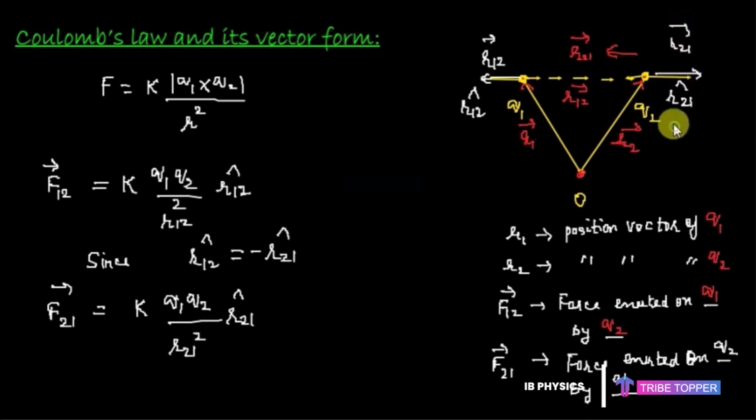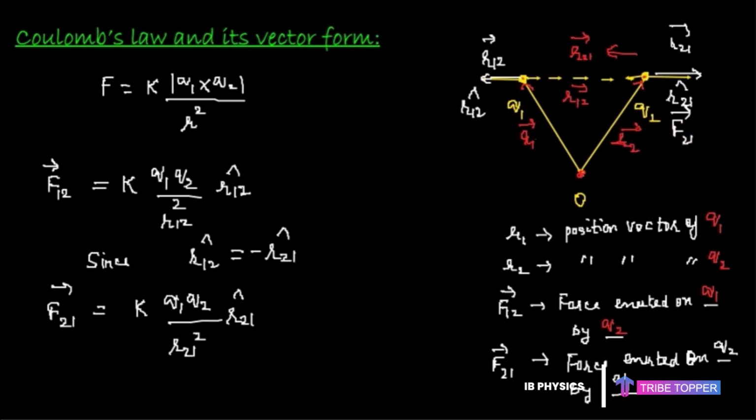The force acting on Q2 is F21 towards the right. Since we have considered similar charges, they are repelling each other. The force on 1 due to 2 is towards the left and the force on 2 due to 1 is towards the right.